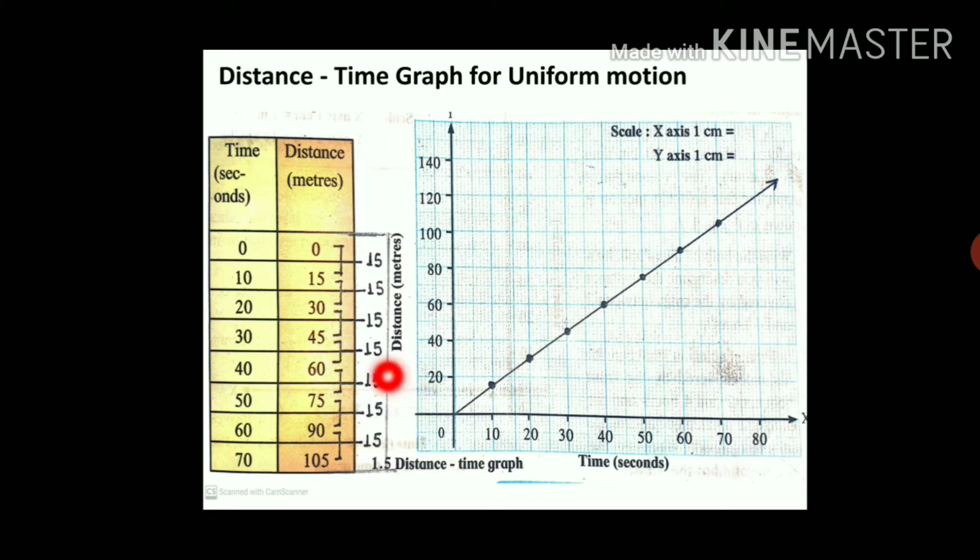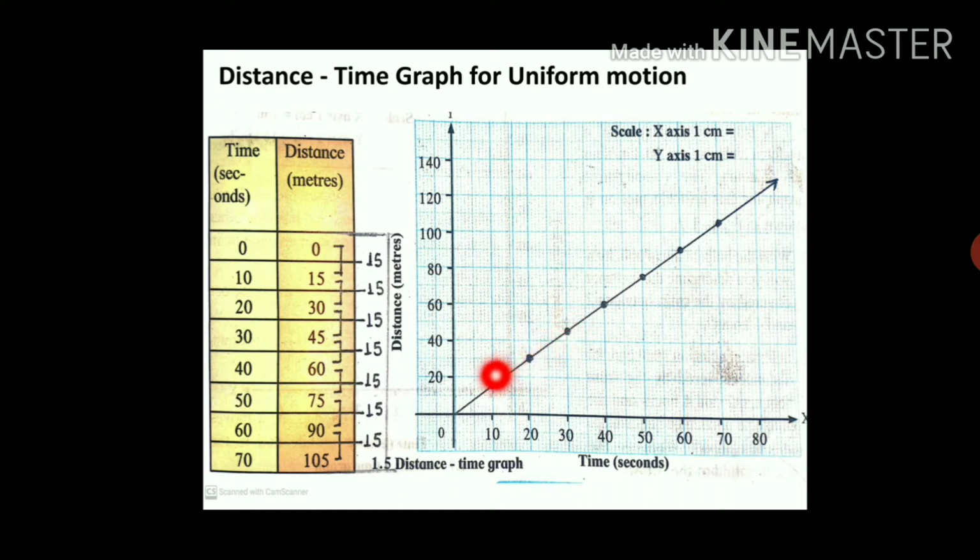If you plot these readings, at 10 seconds the distance traveled by the car is 15 here. At 20 seconds, the distance traveled is 30. At 30 seconds, the car travels 45 meters here.